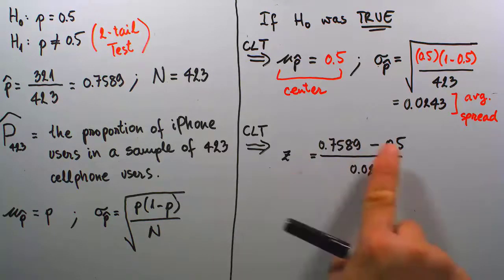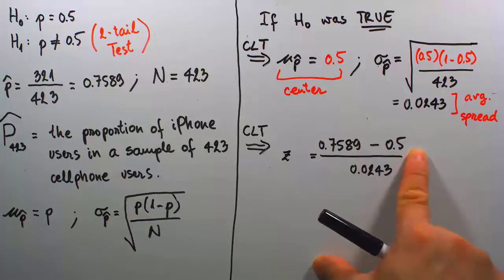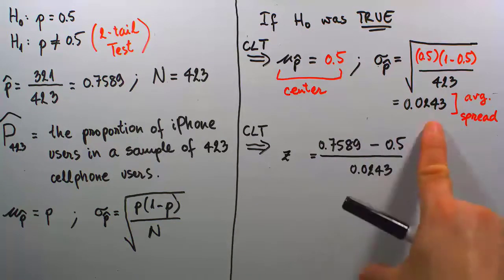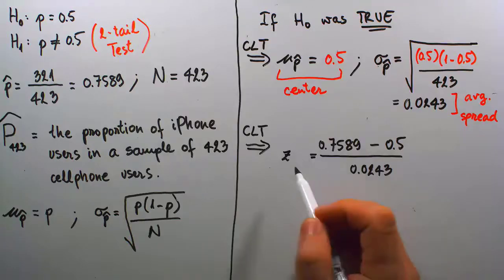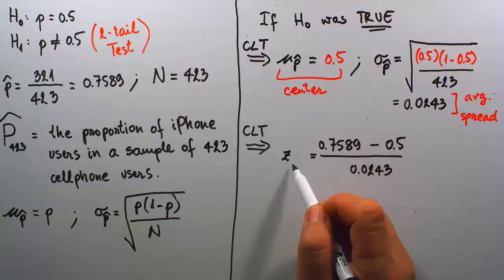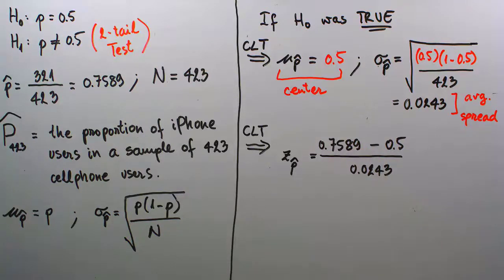And so the work here is just the value of our sample, subtract the average, the center of all sample proportion values, and divide it by the standard deviation in the data. But now, since this work right here is a z-score of my sample, I optionally use the subscript p hat to indicate that this is the z-score that I'm calculating for my p hat.